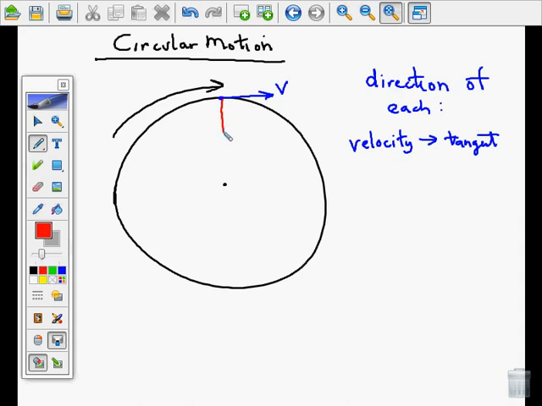The acceleration is centripetal towards the center. And the force acting on the object is centripetal towards the center of the circle.